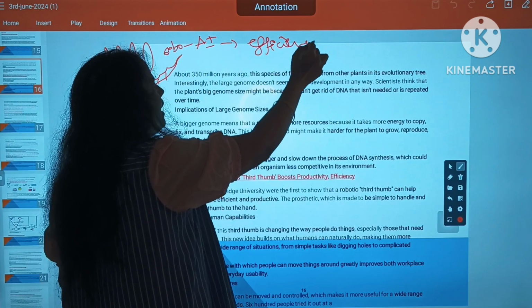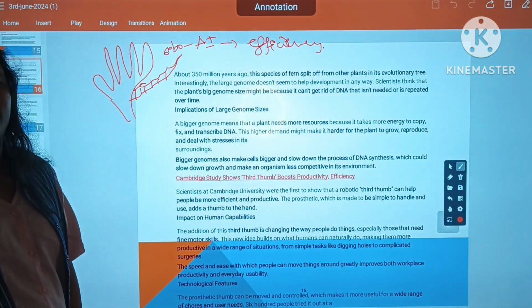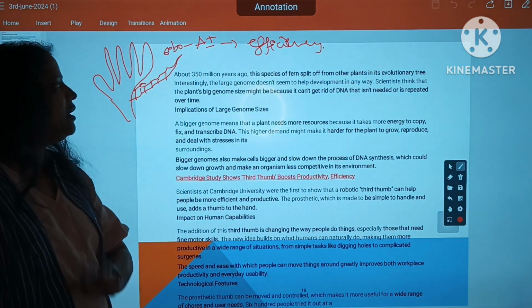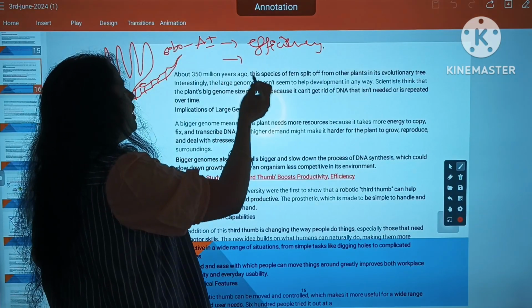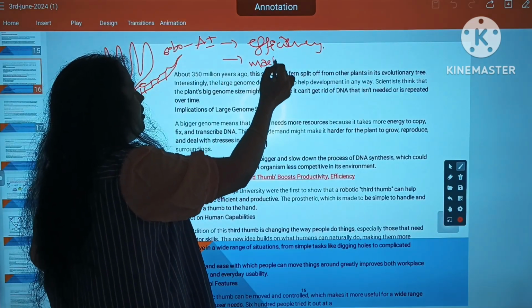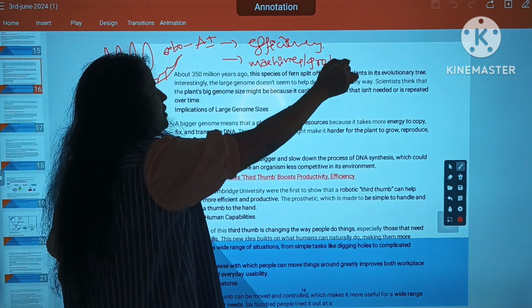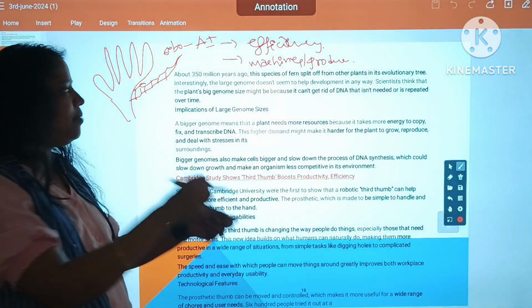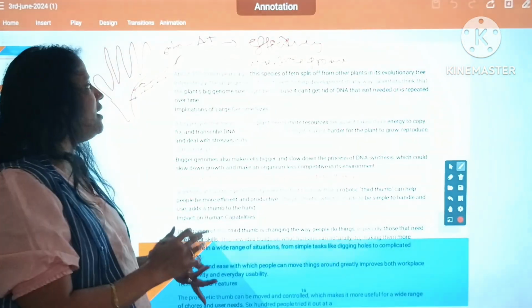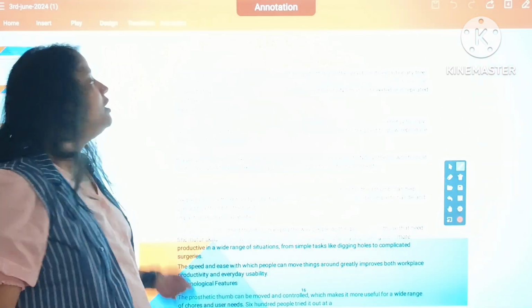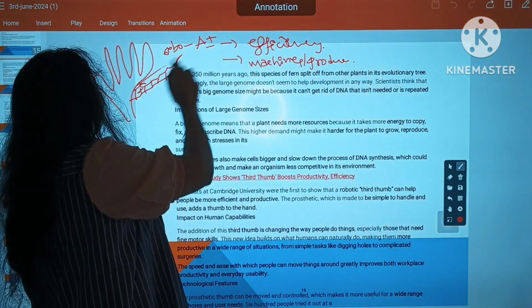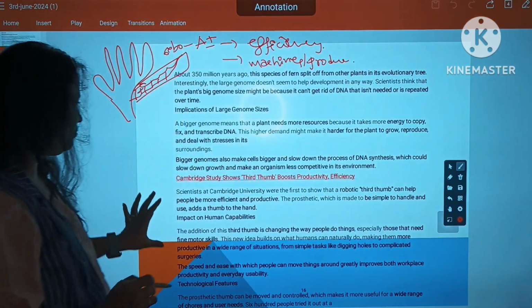Suppose a person is an employee, a laborer in the manufacturing sector. If he has a third thumb, he can easily place the machines and products into the machine fast. Suppose he is making nuts, he has to keep the nut into the bolt suddenly when the machine is coming fast. Then the third thumb helps him a lot.